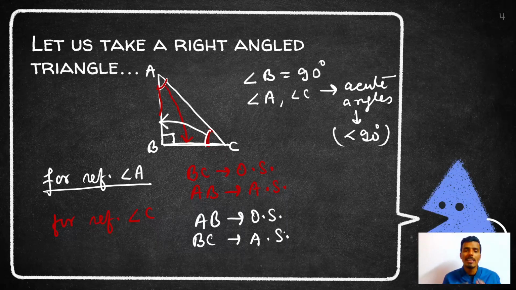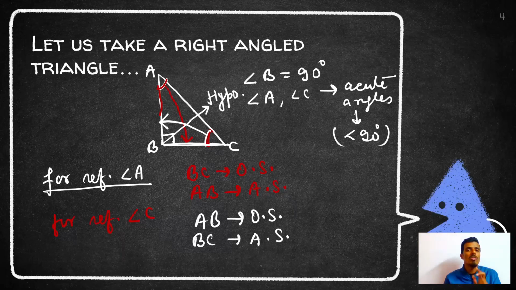So, as we can see, for angle A and angle C, opposite sides and adjacent sides are interchanged with each other, and we already know the side opposite to the angle of 90 degrees is called the hypotenuse, which is the longest side of a right angle triangle.